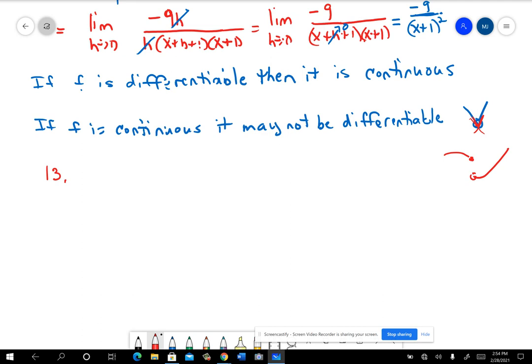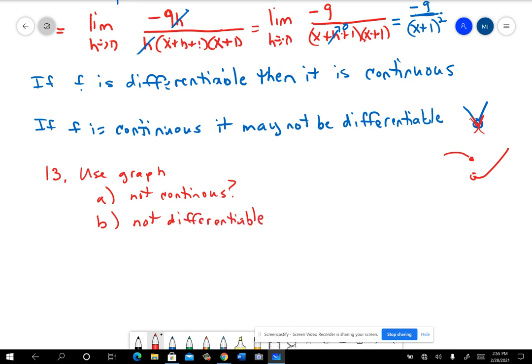And on part A, it's asking you, where is it not continuous? On B, it's asking you, where is it not differentiable? And on C, it's asking you to sketch the graph.